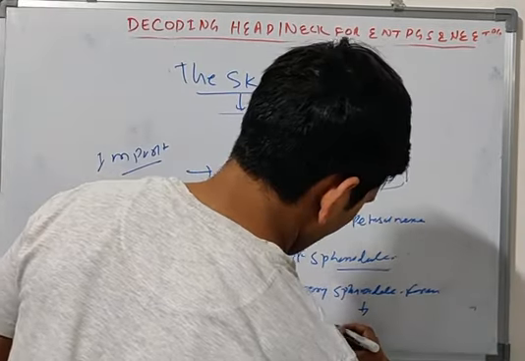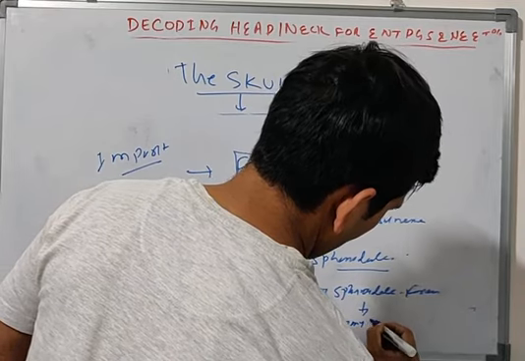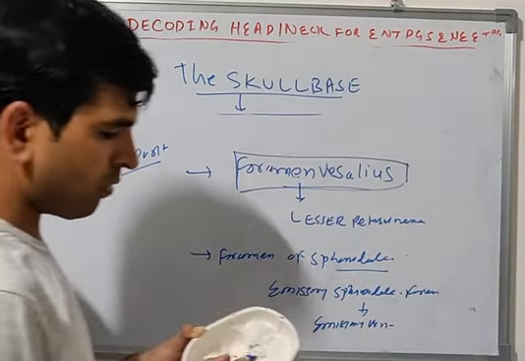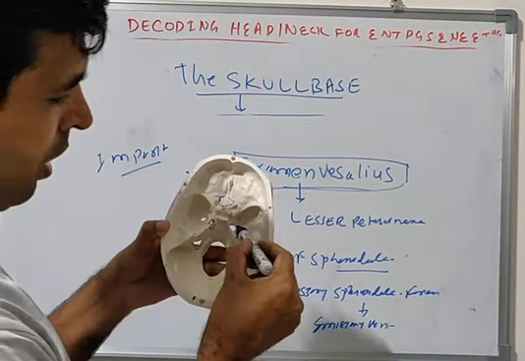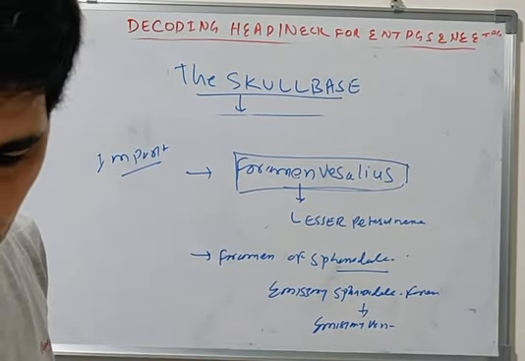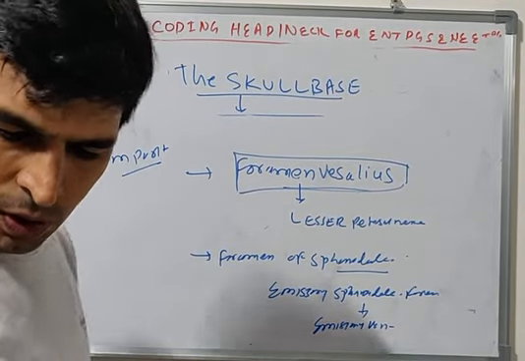The emissary vein passes through it. Sometimes it is present between the foramen ovale here and foramen lacerum.